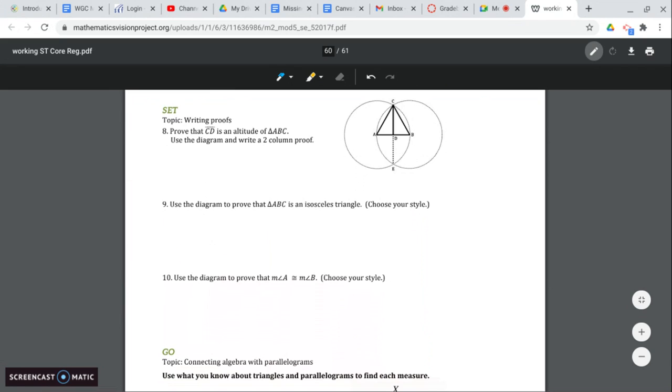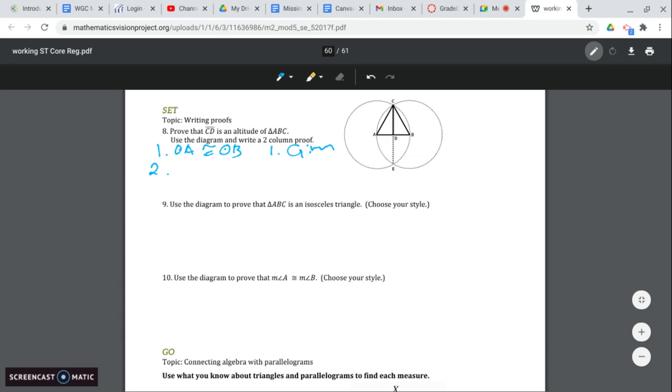So first and foremost, circle A is congruent to circle B, and this is given. That's just, they're congruent. We know that no matter what. That's what I'm giving to you. So that's going to be a part of each of these three proofs, 8, 9, and 10. That should be your first statement in each and every one of them.